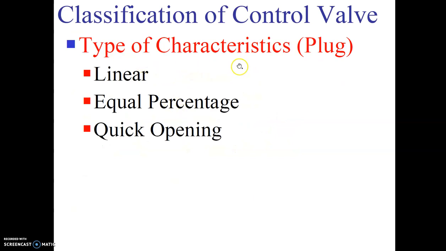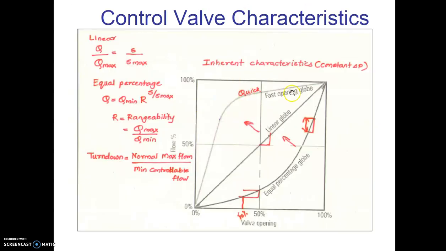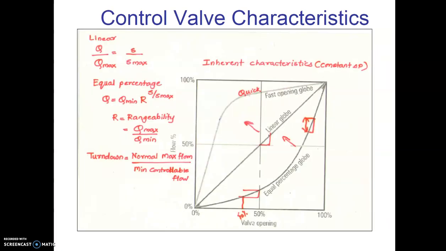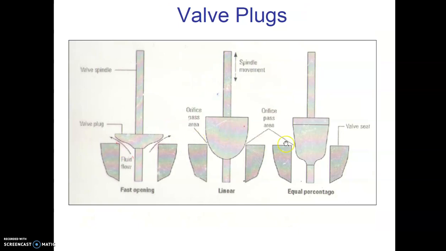Now, depending on the type of characteristics, control valve are of these three types: linear, quick opening, and equal percentage. Characteristics of control valve is the graph of percentage opening versus percentage flow. Now, this graph depends upon the shape of the plug.